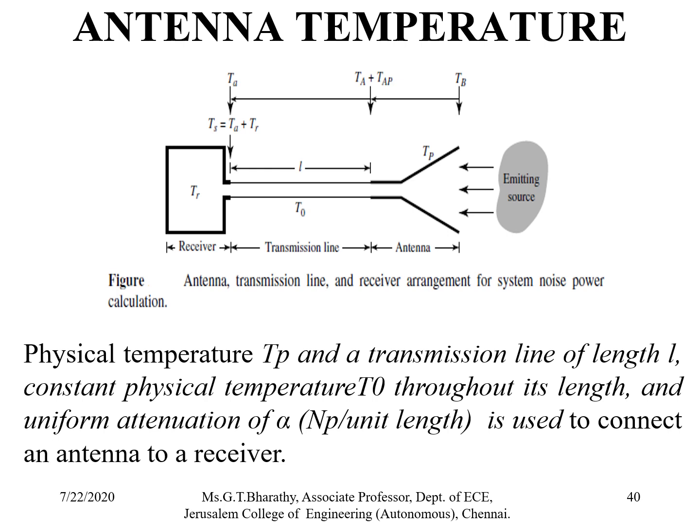You can see the receiver has a temperature TR. The antenna's physical temperature is represented by TP. You have the transmission line of length small l, and it is assumed that throughout the length L it has a constant temperature T0, and it is going to have a uniform attenuation alpha represented with the unit Napiers per unit length.